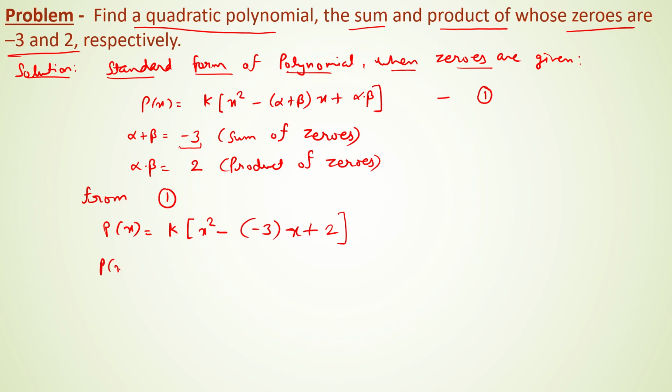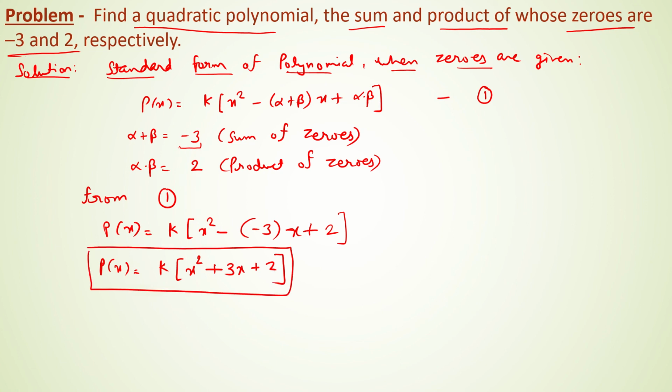So we get p(x) equals k into x square plus 3x plus 2. This is the required quadratic polynomial in which the sum of zeros and product of zeros is given to us, and that is the required answer.